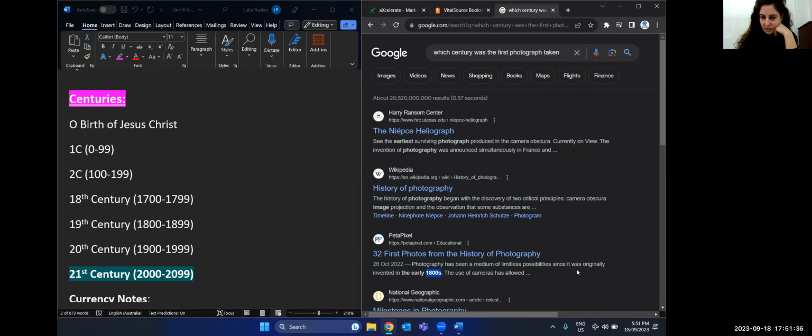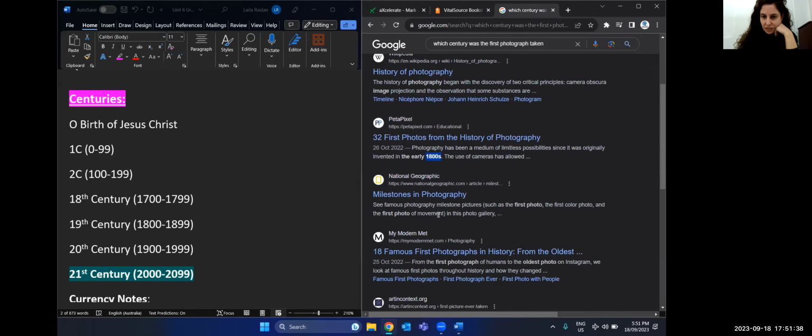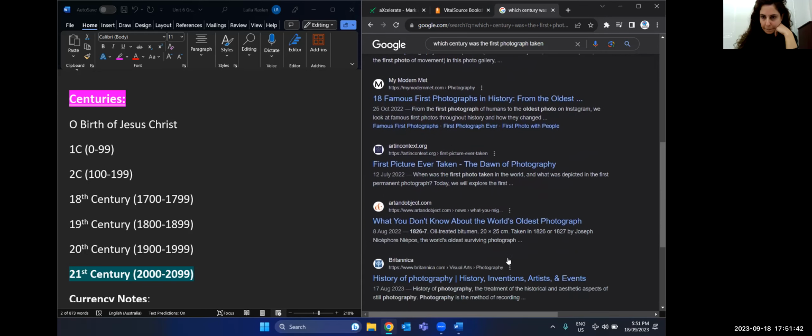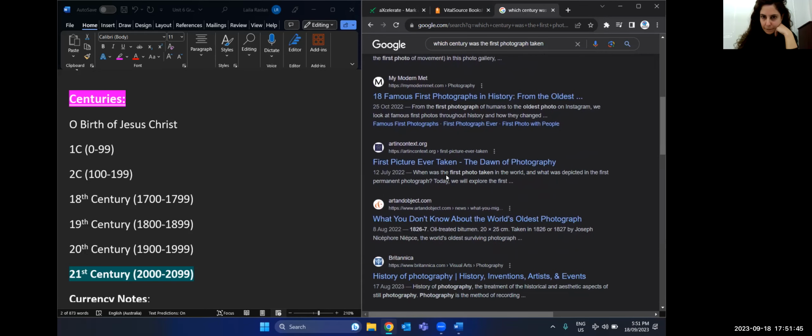Photography, yeah. First ever picture taken.